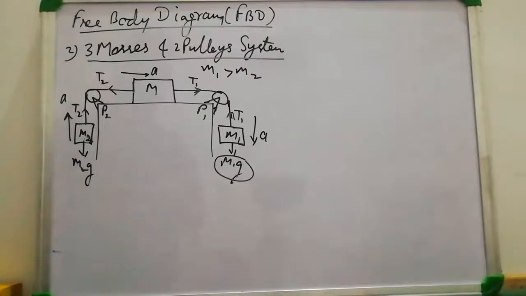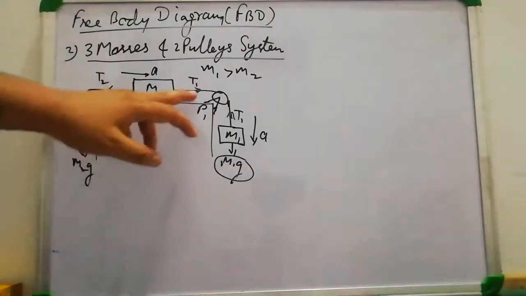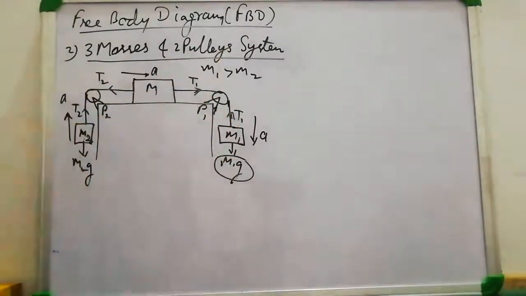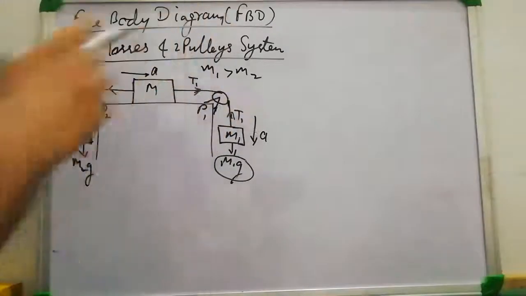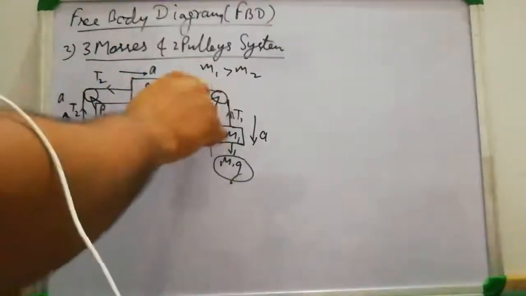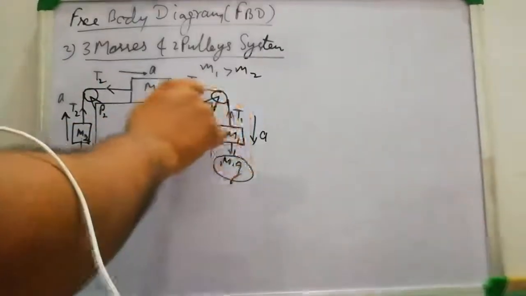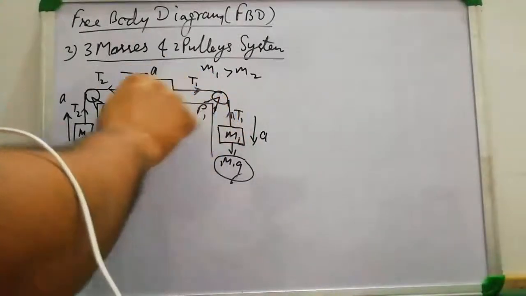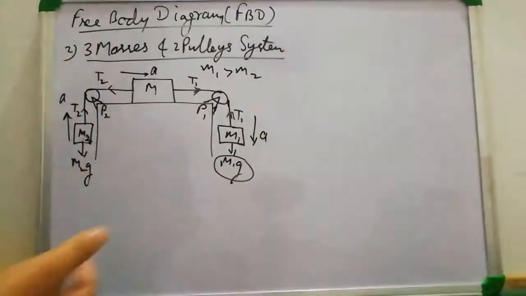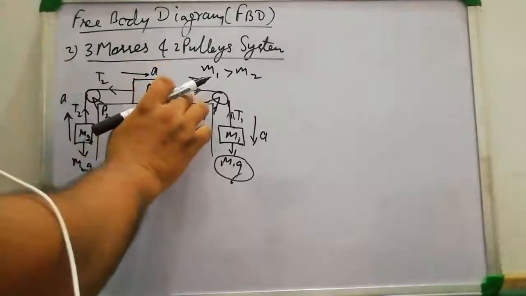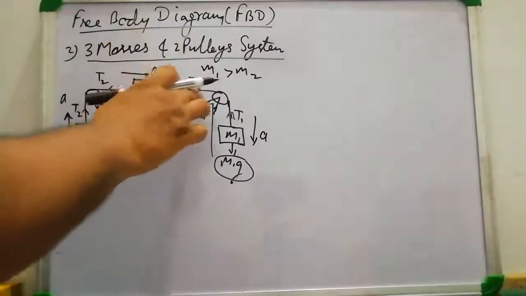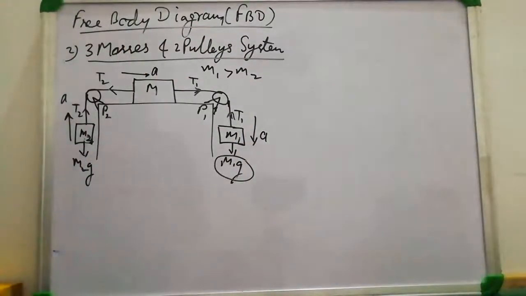So the mass is moving from left to right, so the reaction force will be equal to T1, but it will be acting towards the right side.